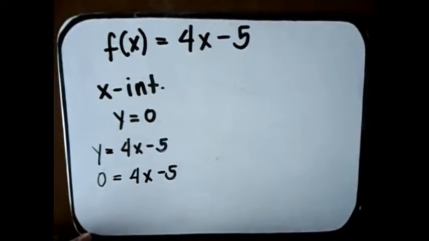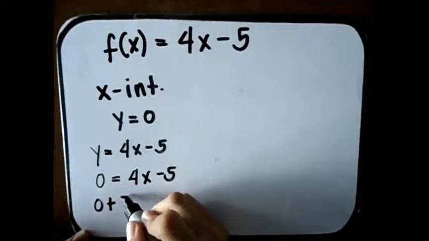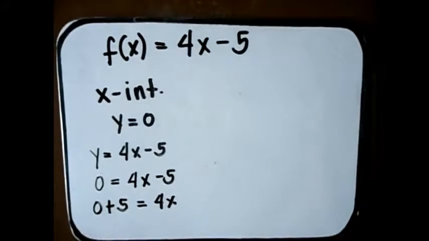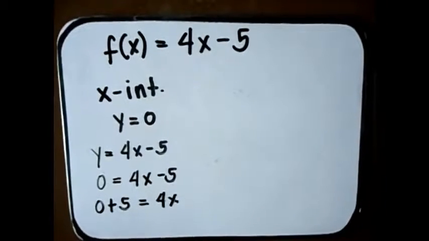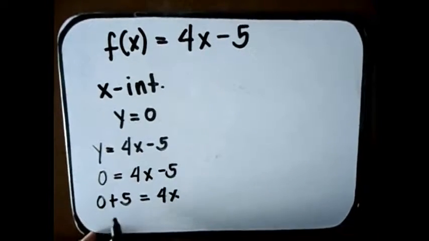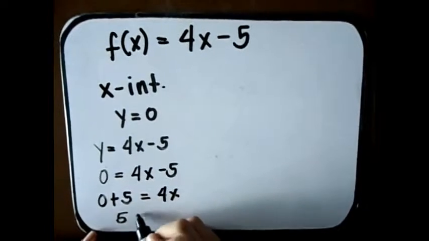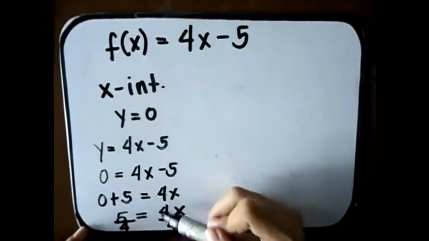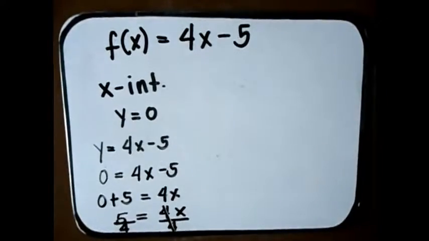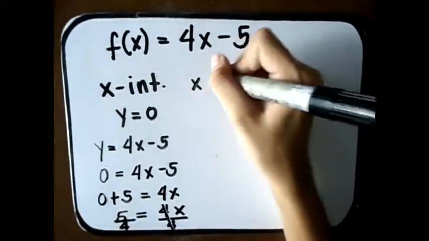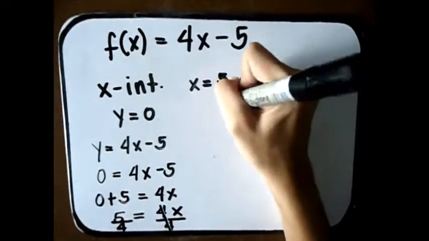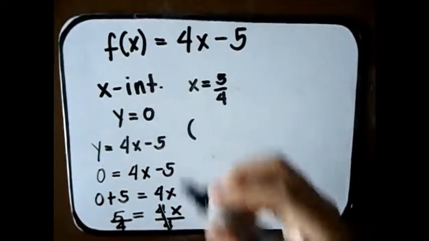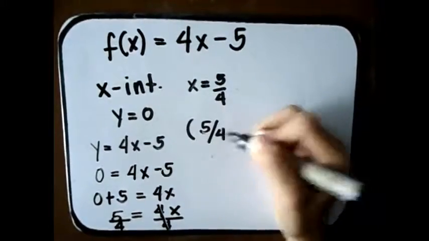Transpose negative 5 to the other side of the equal sign. Divide both sides by 4 to isolate x. Now, x is equal to 5/4. The coordinates of the x-intercept will be x is equal to 5/4 and 0.